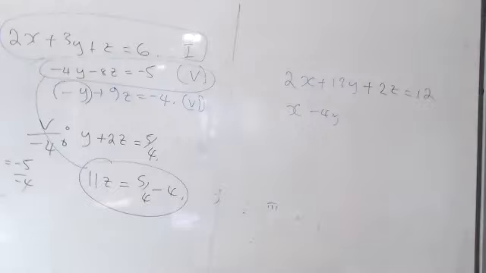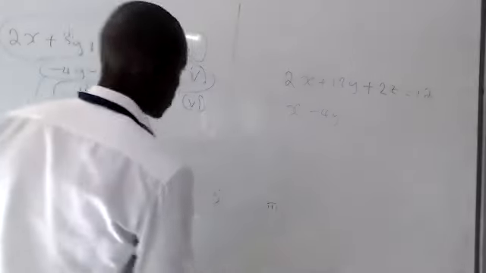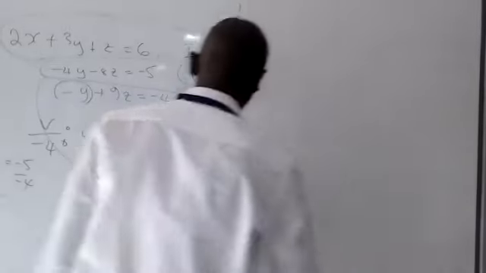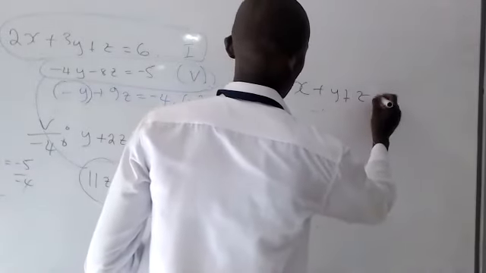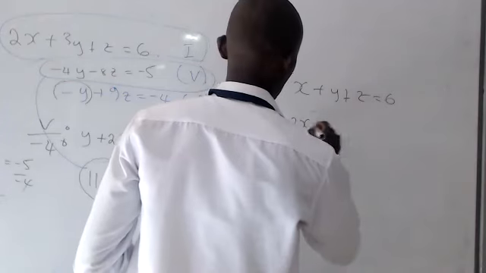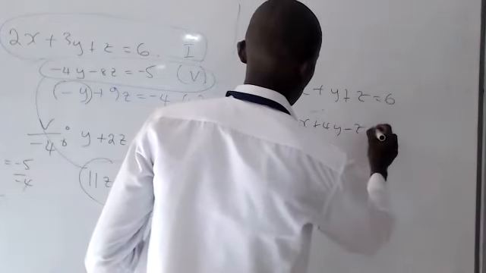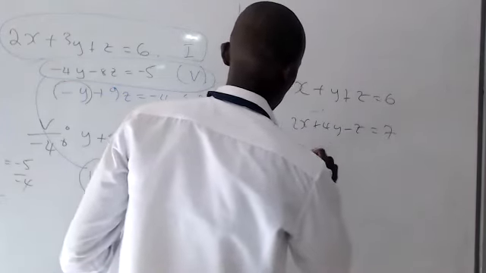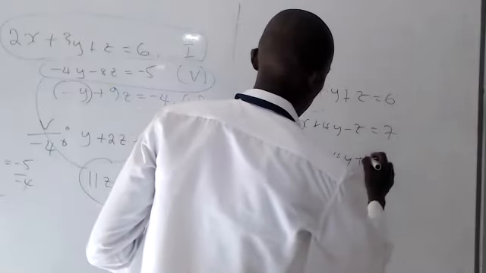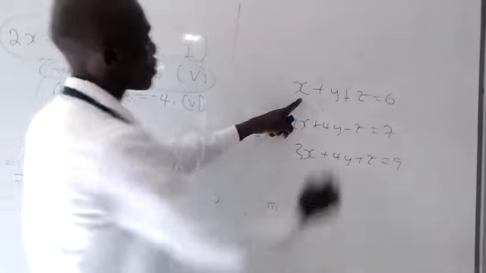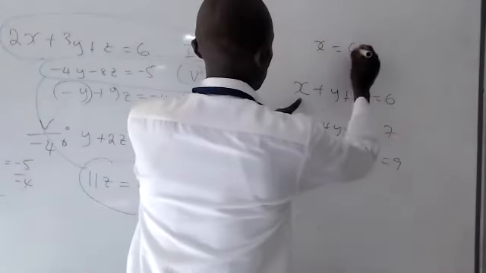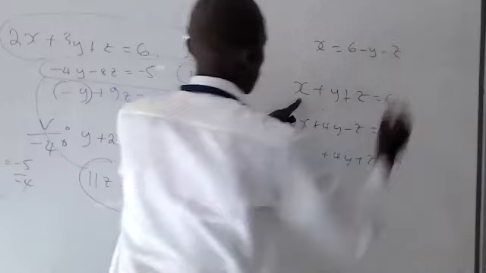That's a nice method. I get what you mean. So for example, you have x plus y plus z is 6, 2x plus 4y minus z is 7, 3x plus 4y plus z is equal to maybe 9. Then you want to write from the first equation that x is 6 minus y minus z.